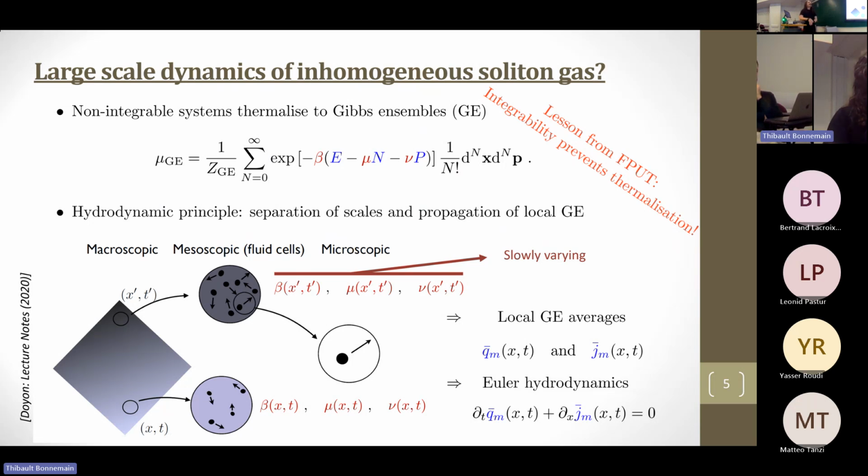But the thing is, we can construct Euler-type hydrodynamic equations for the soliton gas. And in fact, it was initially done without relying on this local equilibrium assumption.